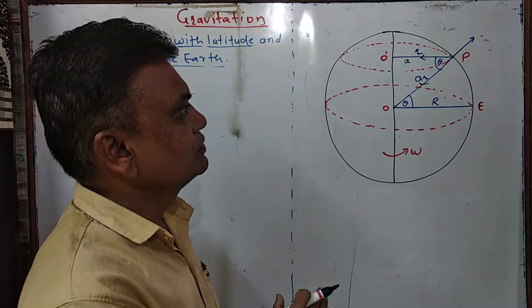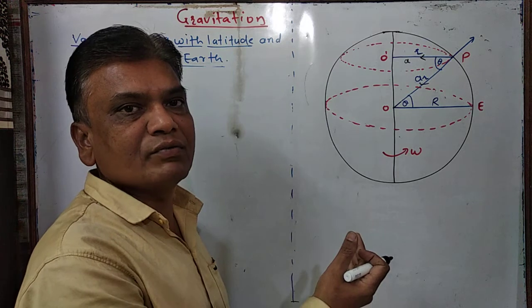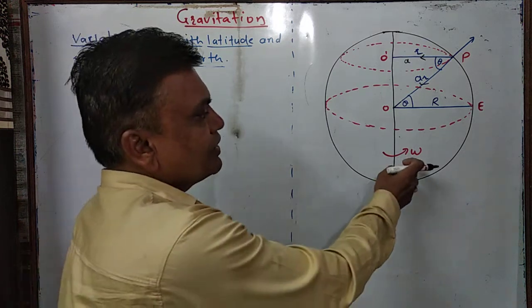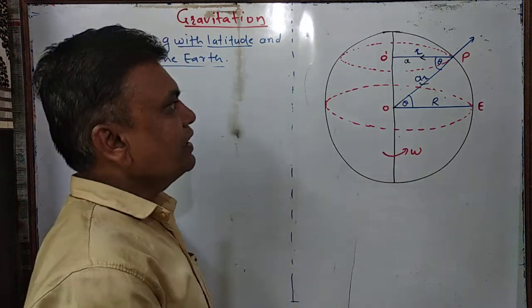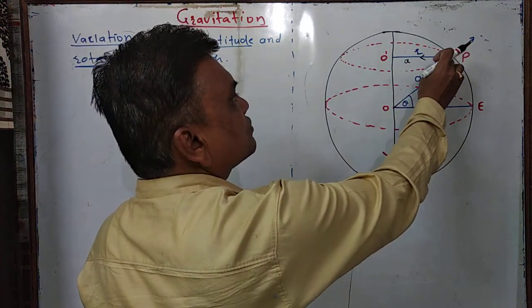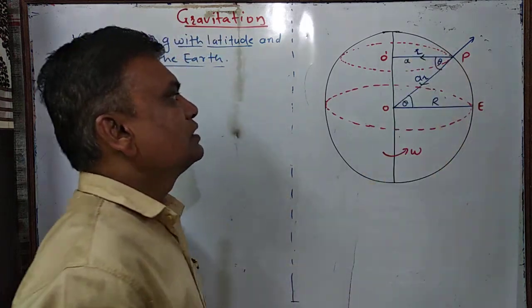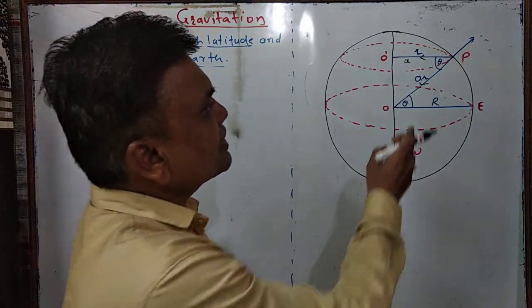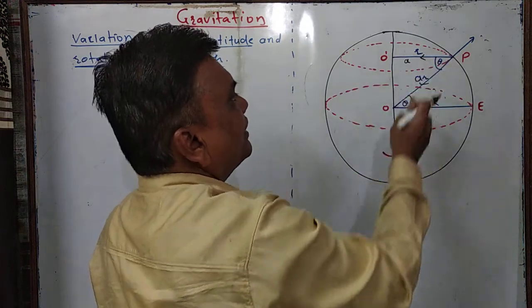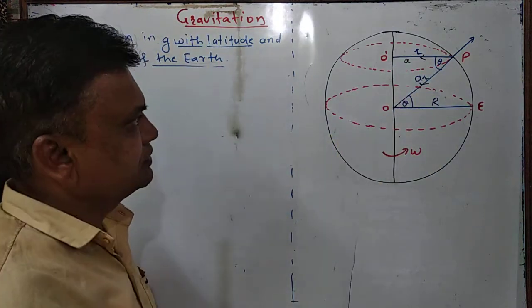Suppose the Earth rotates from west to east with uniform angular velocity omega, and the particles also rotate about the polar axis with radius small r. Small r is the radius of the circle, and O dash is the center of the circle.